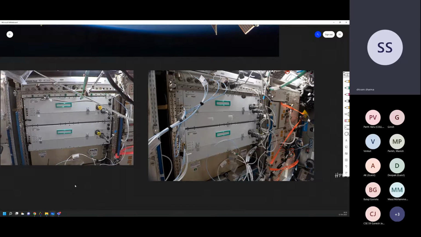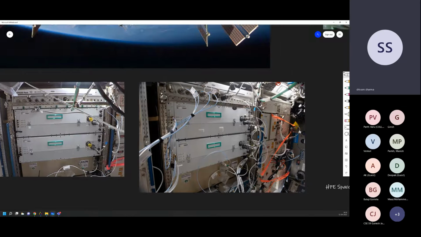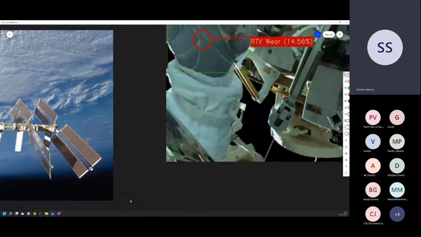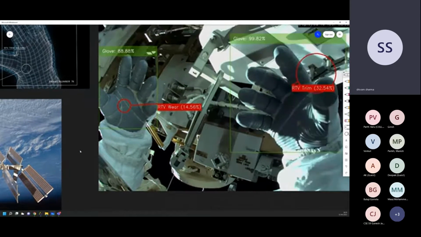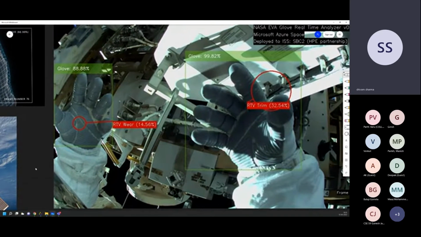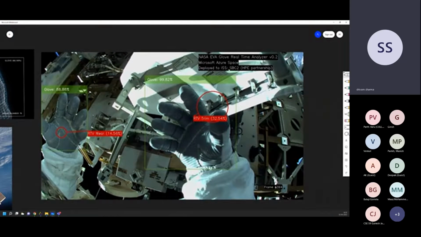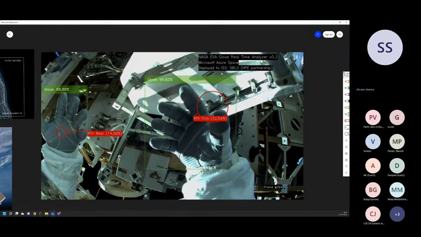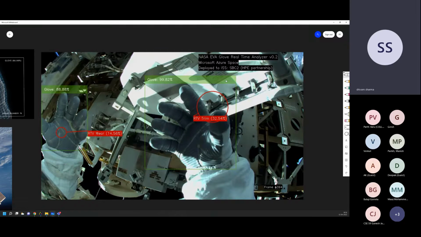The computer vision AI application is right now deployed in these servers in the space station, doing real-time tracking of the wear and tear happening in the gloves. This image is from their website: NASA glove real-time tracker, Microsoft Azure Space, deployed through the HPE partnership. It's basically a supercomputer in the space station itself.